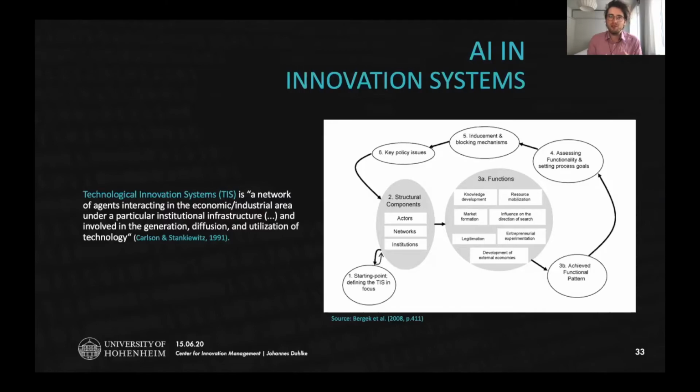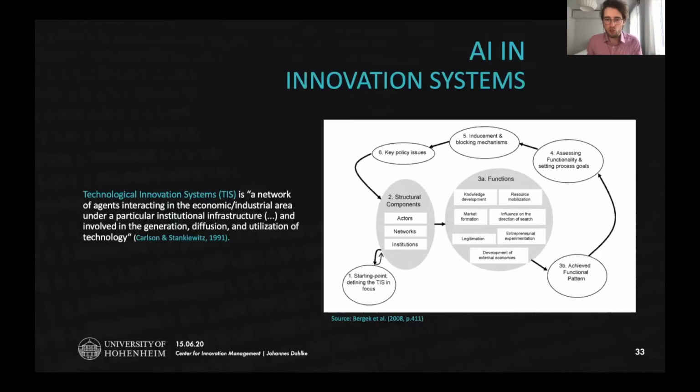Then we have some institutions such as hard law, or soft institutions such as traditions, common habits in society. And we have interconnections of actors resulting in networks within an industry, for example, or also simply personal contacts. And these structural components basically produce a set of functions that drive the dynamics within an innovation system.